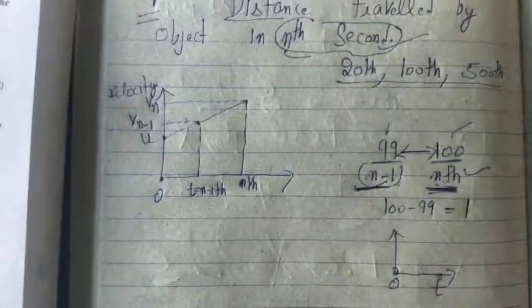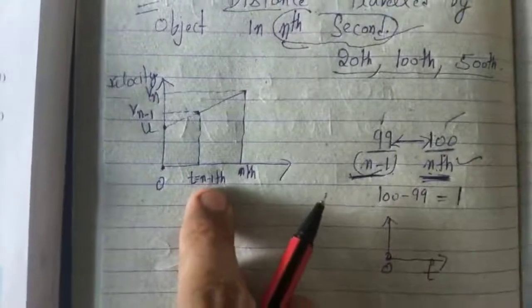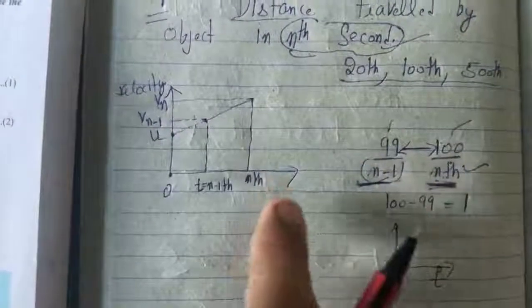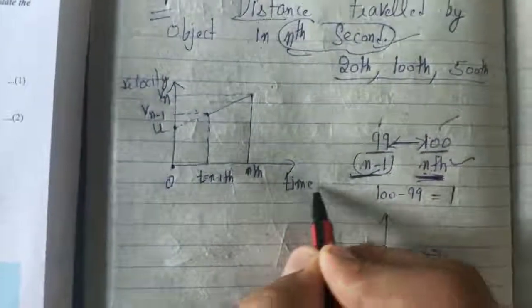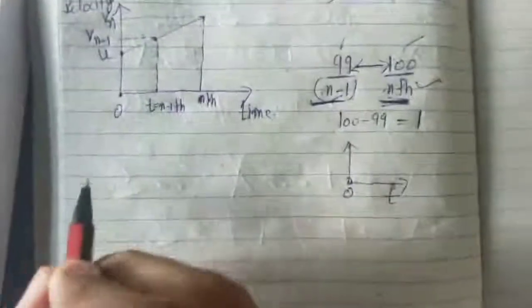Okay, at the n minus 1th second the velocity is v n minus 1, at the nth second the velocity is vn. This is time.